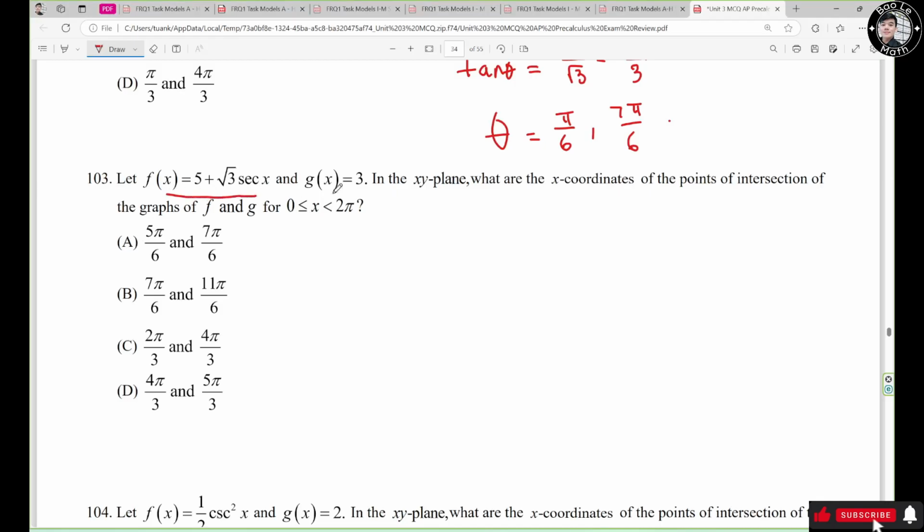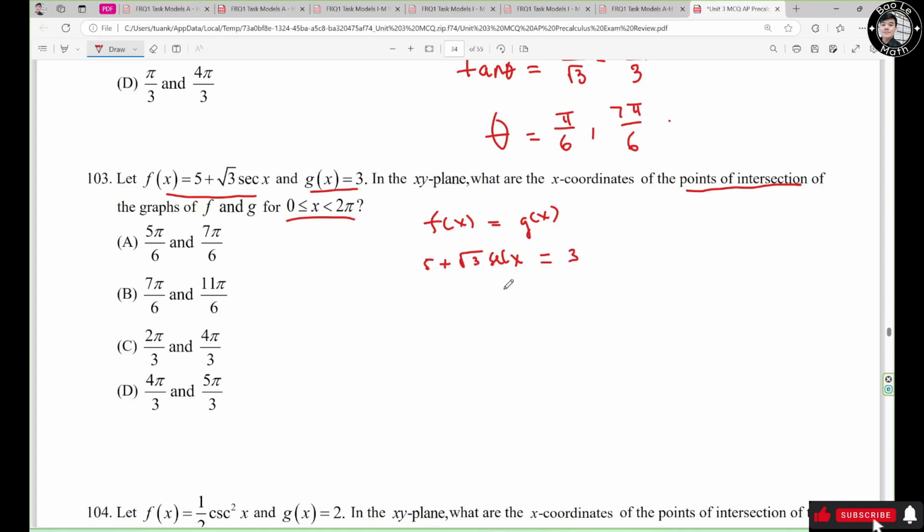Given f(x) equal this and g(x) equal this, we need to find the points of intersection of the functions f and g within this domain. So we just let this guy and this guy equal. Remember, f of s equals g of s. So it could be 5 plus root 3 secant s equals 3.